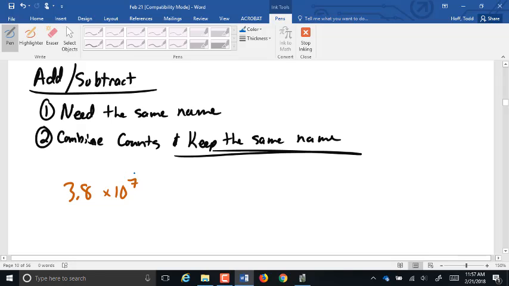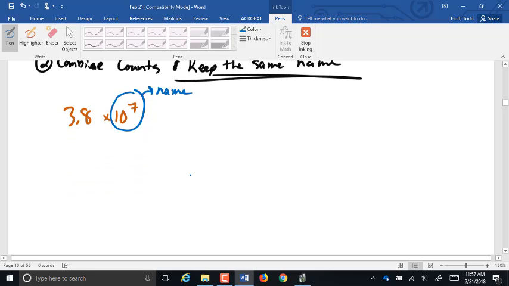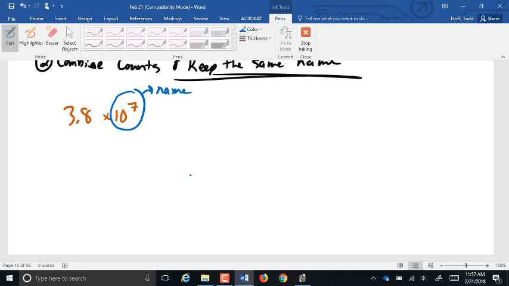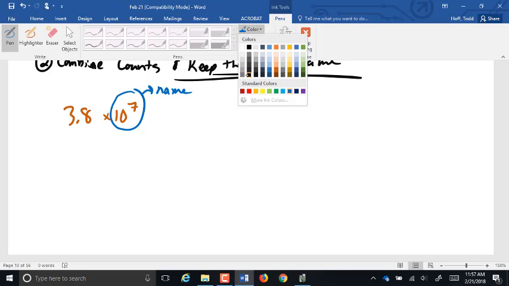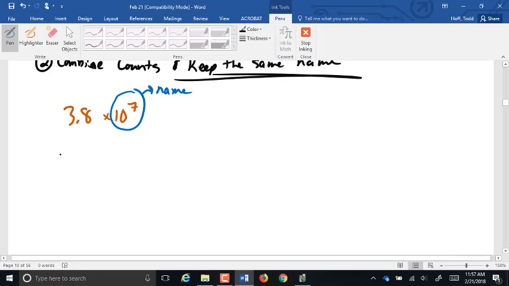Well, in scientific notation, the part that represents the place value is right here, the power of 10. That is the name of a number in scientific notation. This number is 10 to the 7th. When I add or subtract, I have to have the same name. So for scientific notation, that means I have to have the same power of 10.